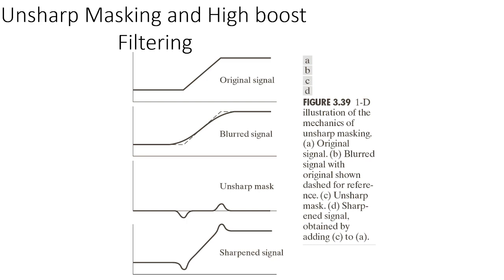The dashed lines represent the original signal, but the blurred signal is represented by the solid lines. Next, the third process we are doing is unsharping.